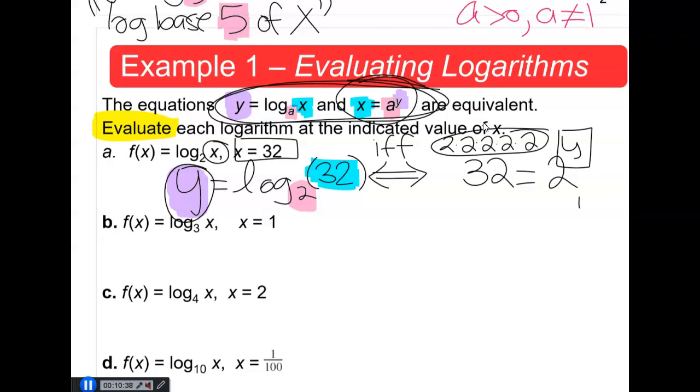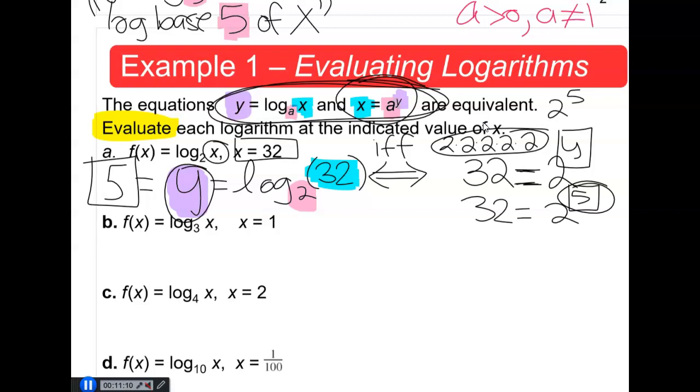So the answer to this will be y equals 2 to the power 5. The only way we could make the statement true is if we make y a 5. So the answer to the question, what is y, or what is f of 32, will be the number 5. That's how we will evaluate them, by converting them to an exponential equation.